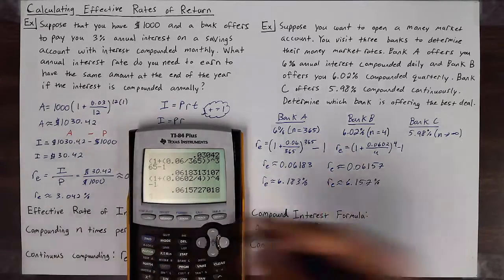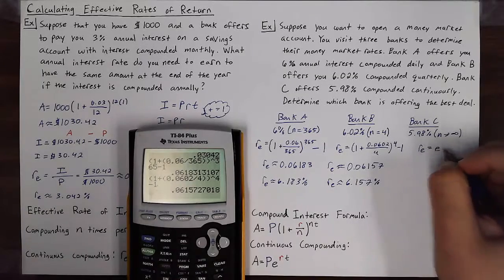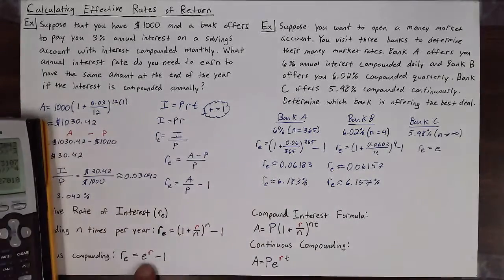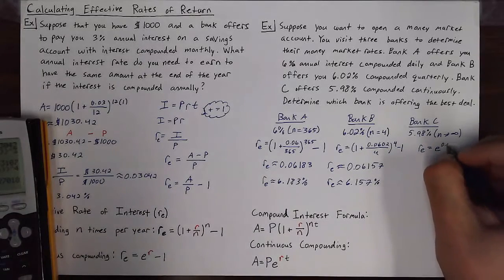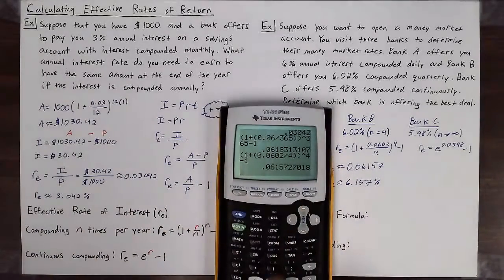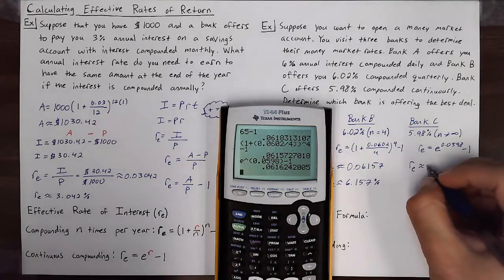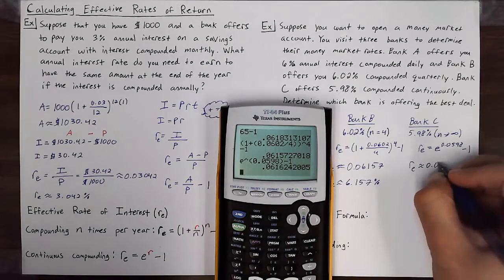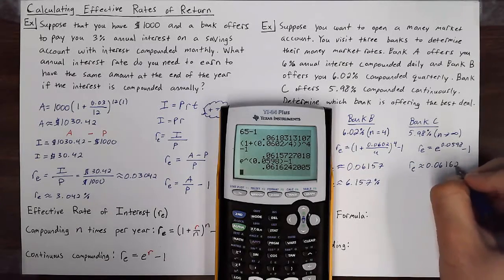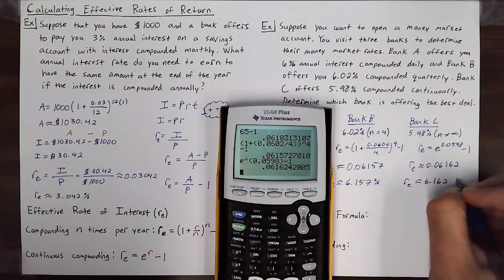And then to do it continuously, the effective rate of interest will be e to the 0.0598 minus 1, which is approximately 0.06162, which is approximately 6.162%.